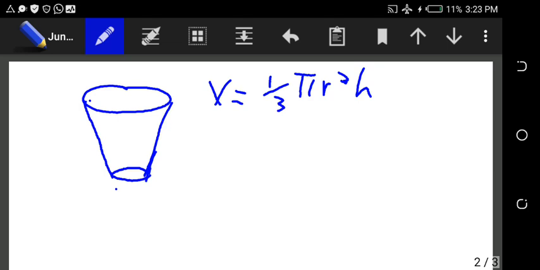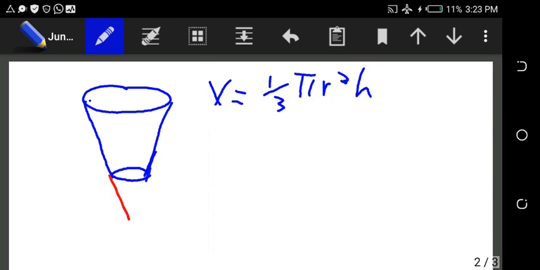Now let me use this drawing that we already have here. If we want to find the volume of this particular frustum, the first thing you want to do is to complete the frustum to give you a cone.